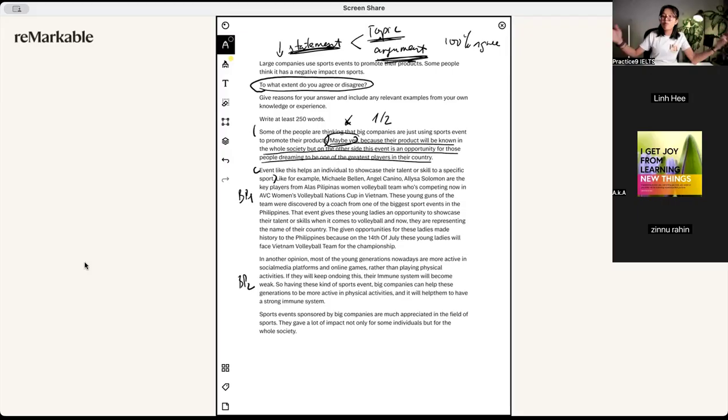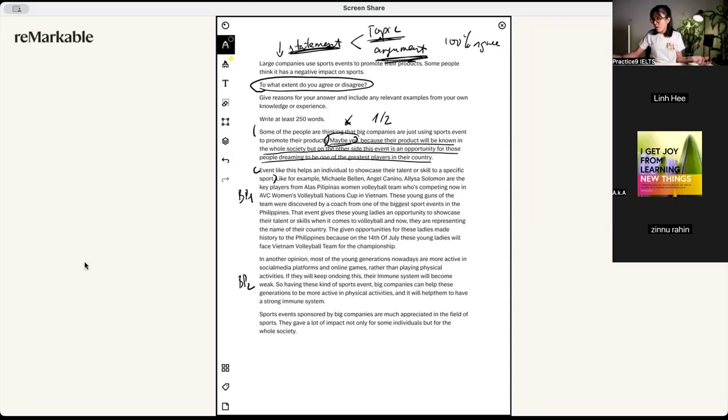It has nothing to do with promotion. It has nothing to do with advertisement. It has nothing to do with large companies. So basically, this person misunderstood the topic, not a little bit, very big, and they just take a part of the topic and write about that.